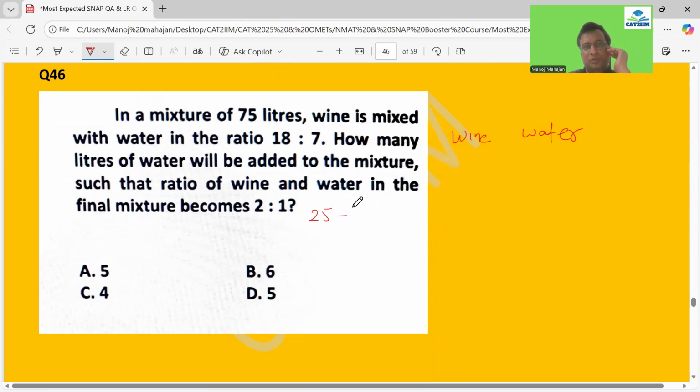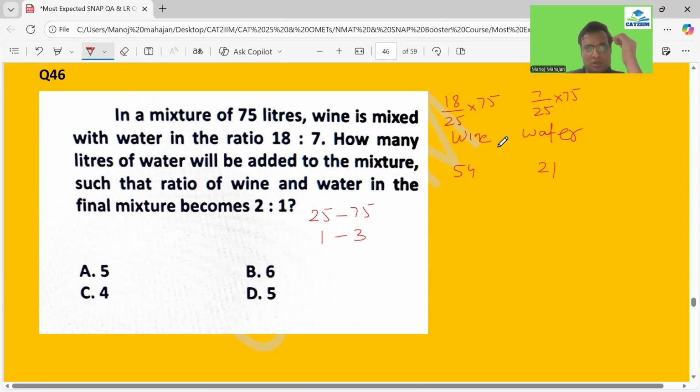So 25 units is 75 given to us. So 1 unit is 3, right? So 18 is 54, and this would be 21. This is a way we can do the breakup, or you calculate 18 by 25 of 75 and 7 by 25 of 75.